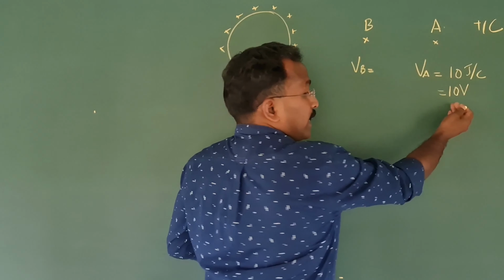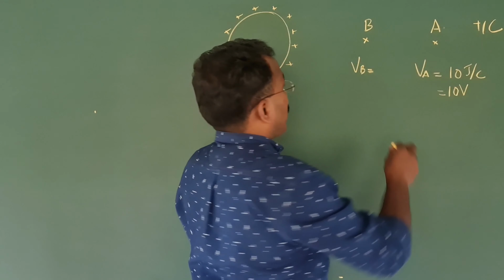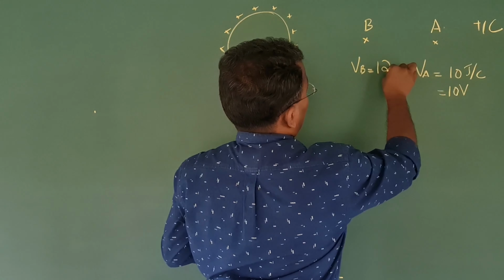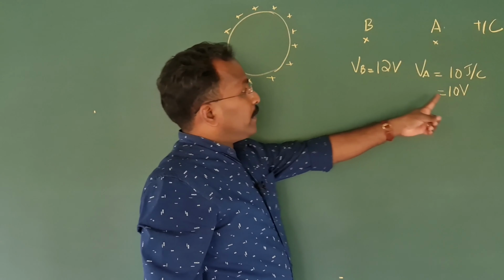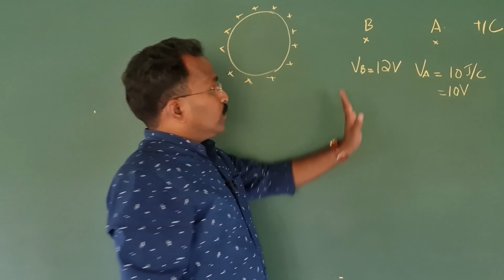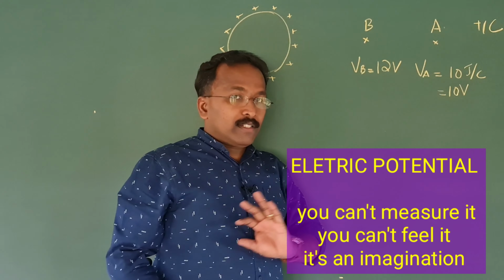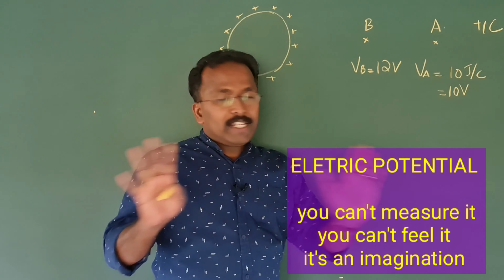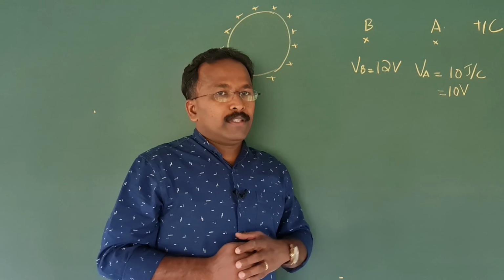Of course, I should write a value that is greater than this value. So I am writing, say, some 12 volt. 12 volt, remember it is 12 joule per coulomb. So that is potential. This also you cannot feel, you cannot measure, only in imagination. Okay. So that's the idea of potential.